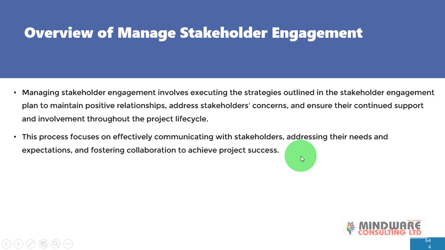This now is the execution phase of your stakeholder management. This is the point you now start implementing. All this while we've been identifying and planning. So this is the time when the rubber hits the road.